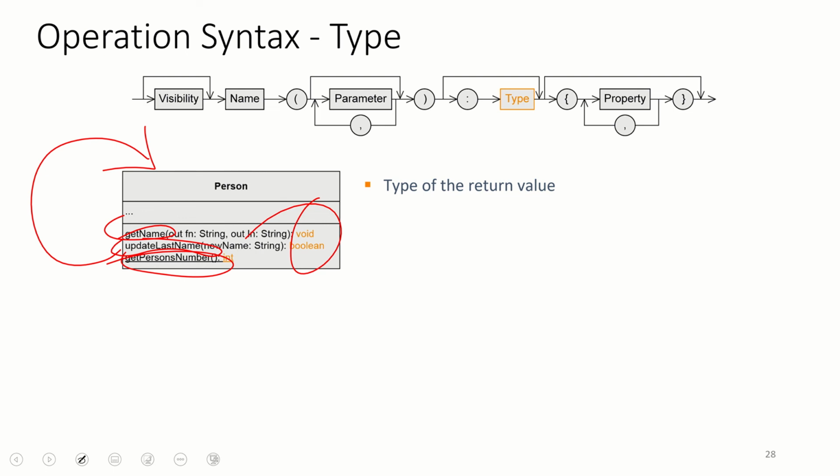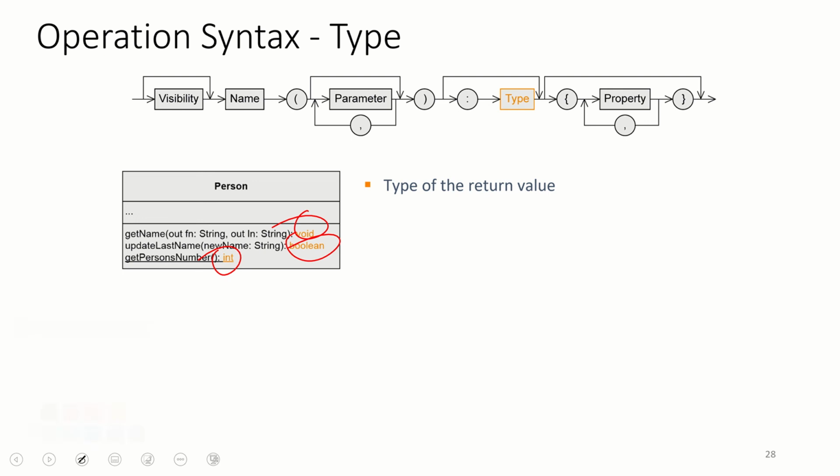So obviously you can tell, get name returns a name, and update last name will return true or false. Get person's number will return an integer.